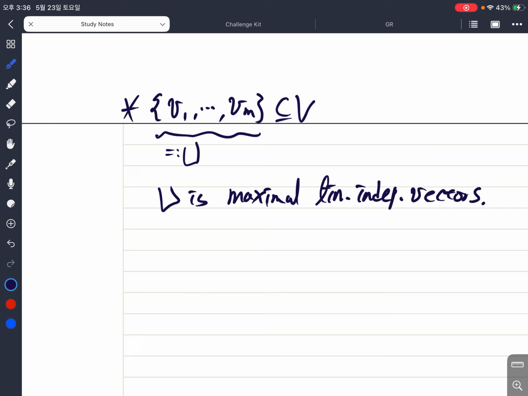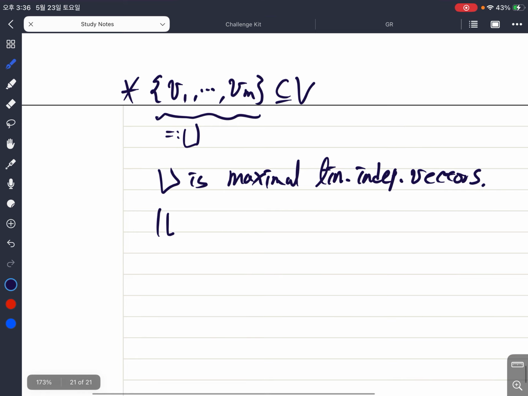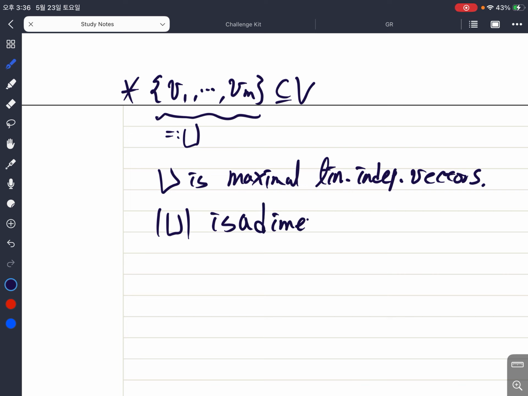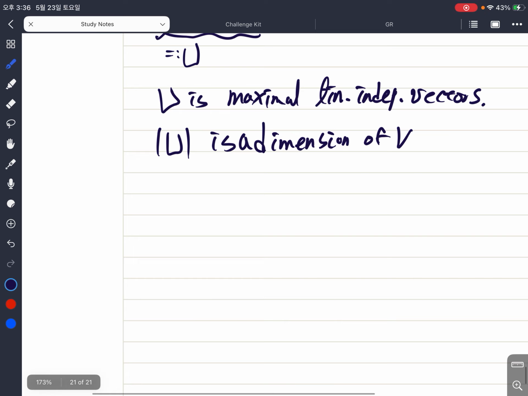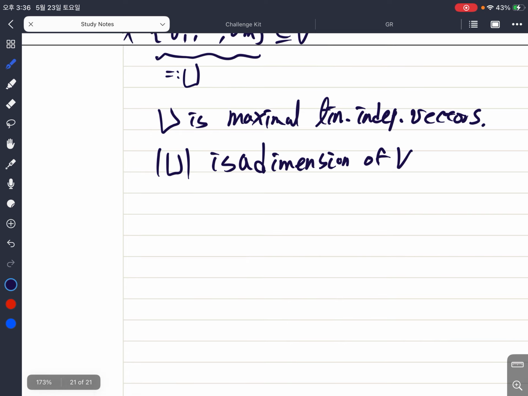It means that if you add any other vector, it always becomes dependent. So this is maximal. Then the size of U, I mean the cardinality of U, or the number of elements in U, is the dimension of V. This is how we define dimension.